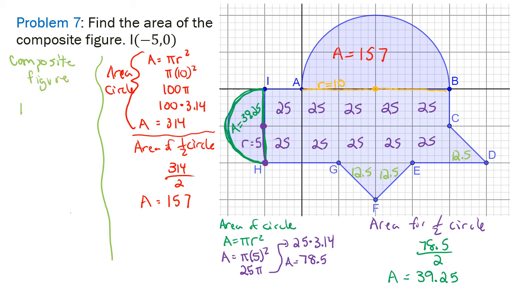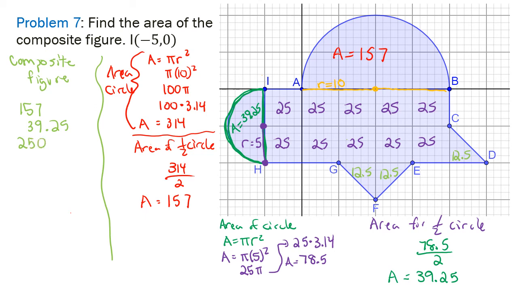So we're going to have the 157, the 39.25 from the other half circle. We have 1, 2, 3, 4, 5, 6, 7, 8, 9, 10 squares of 25. So 10 times 25 is 250.